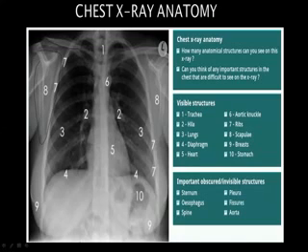Then next, the rotation. You can see the medial end of the clavicle here and here, all equidistant from the spinous process. So it is fair positioning, and you can see the vertebra here beyond the cardia, visible to a certain extent. So it's a good penetration and inspiration also.